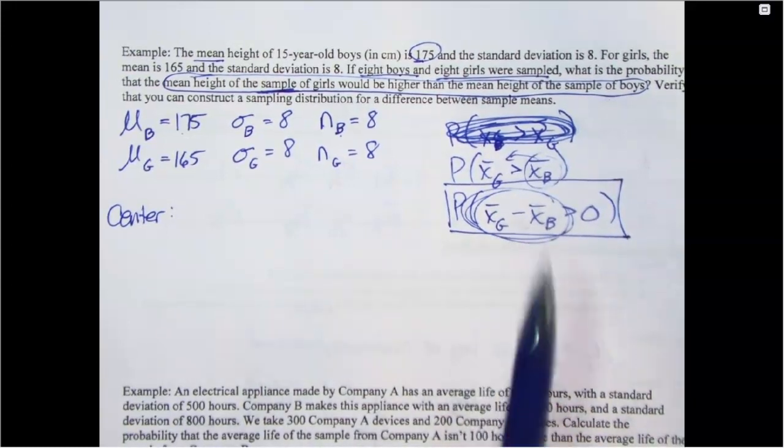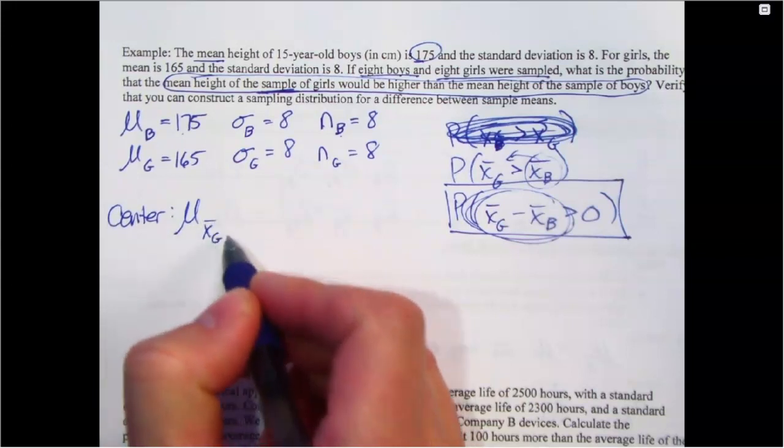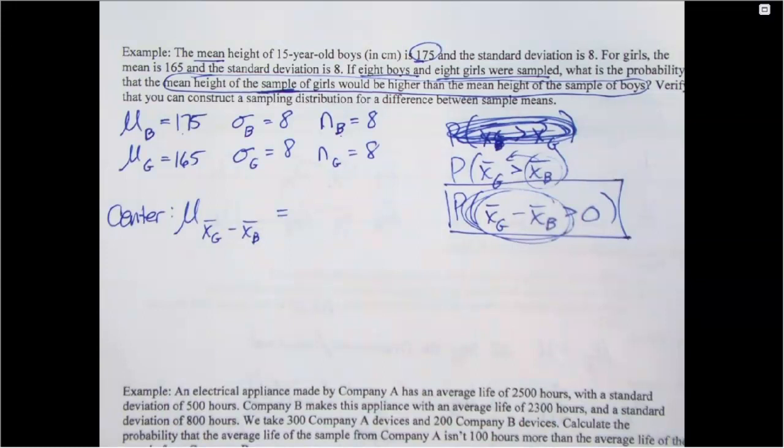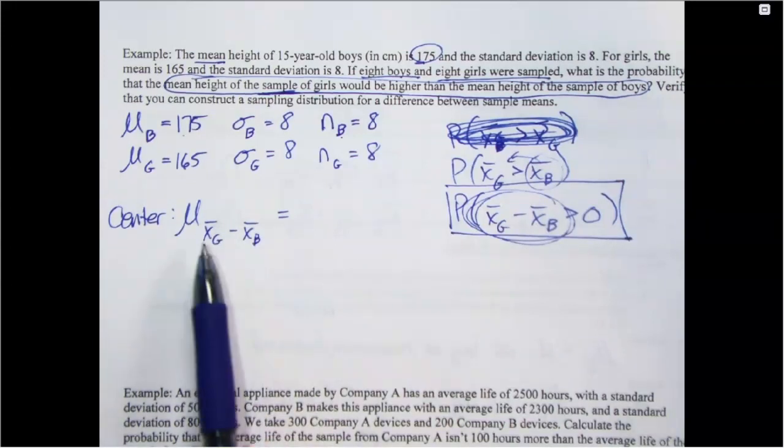So the center, the mean of x bar girls minus x bar boys. It's a random sample, so it's all unbiased and all should work out the same as the population. So the girls, if we do a bunch of samples and average them all together, what height should we get for all of the girls? 165.